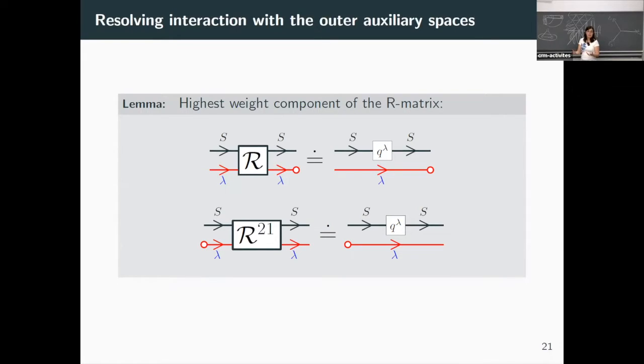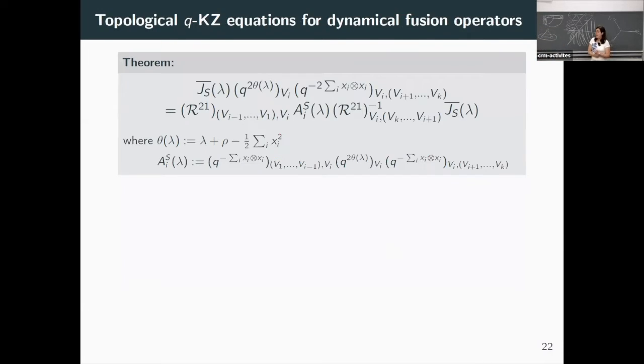And this will give us 0 because there's nothing in our Verma module of weight higher than the highest weight vector. So we get our Cartan term, and the Cartan term will act on this highest weight vector in such a way that we can replace this by an action of simply the Cartan element q to the power lambda acting on our Verma module. So this is an easy way of getting rid of the R matrices by leaving additional markings on the finite dimensional modules. And then this can be used to prove topological q-KZ equations precisely for the fusion operators.